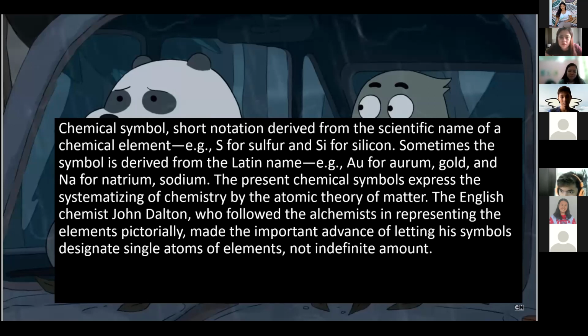So the present chemical symbols express the systematizing of chemistry by the atomic theory of matter. The English chemist John Dalton, who followed the alchemists in representing the elements pictorially, made the important advance of letting his symbols designate single atoms of elements, not indefinite amounts. So that's it.